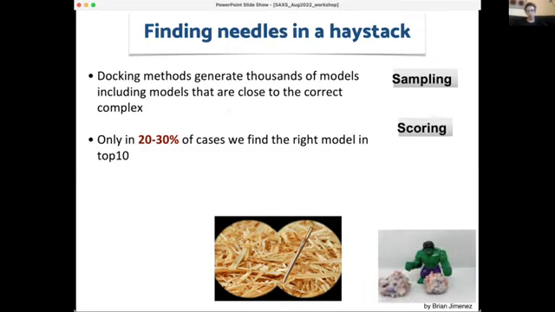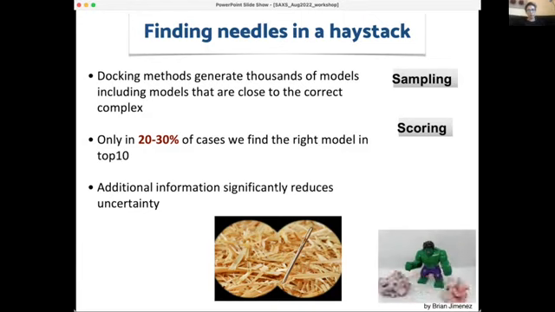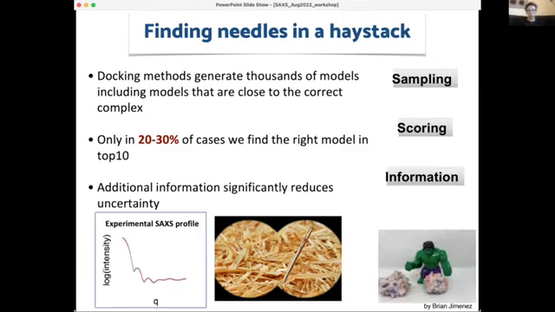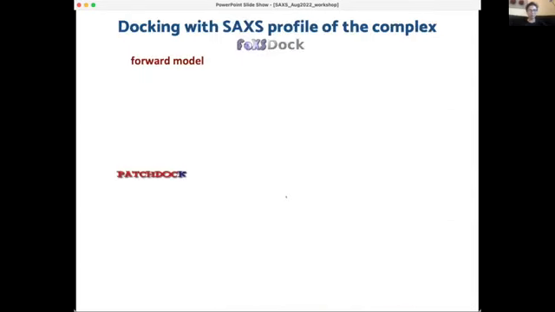So this is really finding a needle in a haystack, because normally less than 1% of models are correct. It's like 0.5% or even less, and the rest are incorrect models. But we know that additional information helps a lot, so a SAXS profile should help us to find the needles in a list of many models.